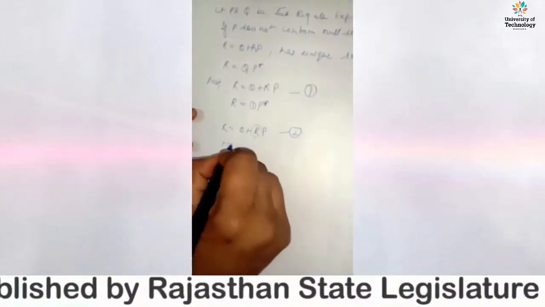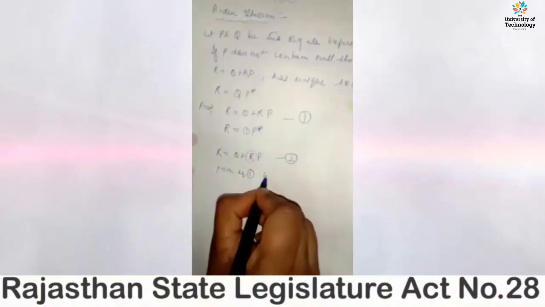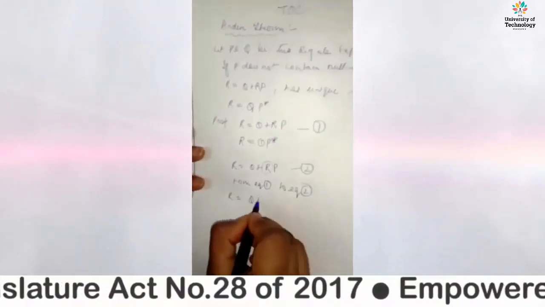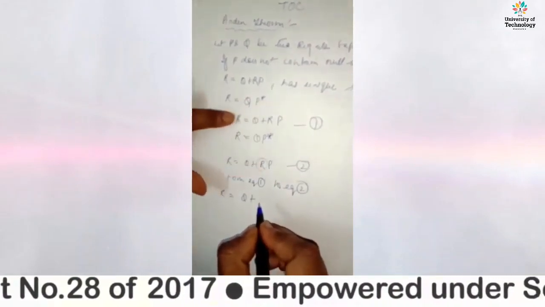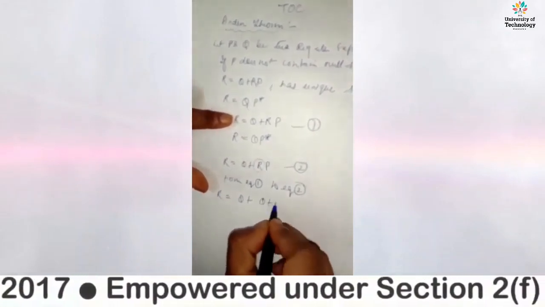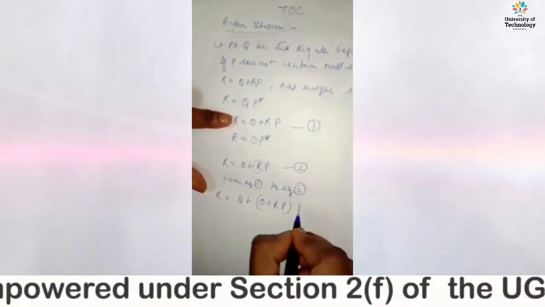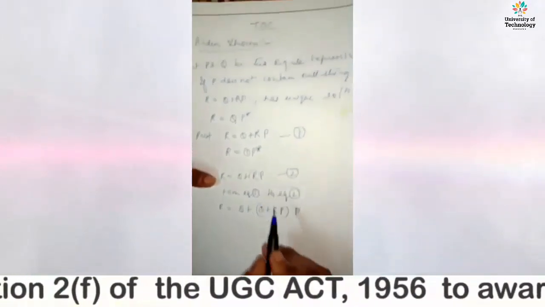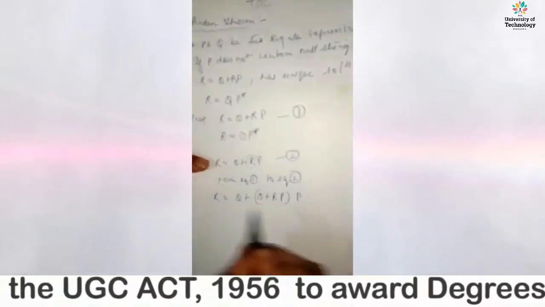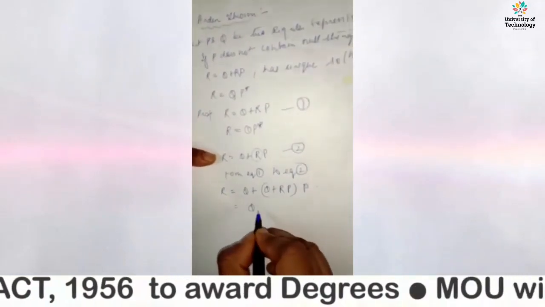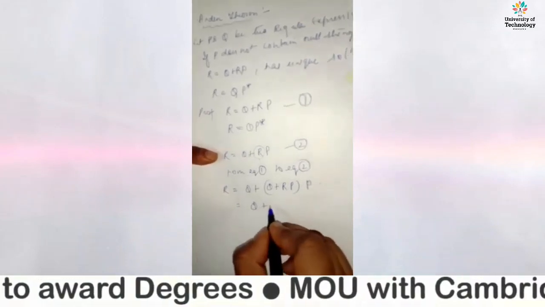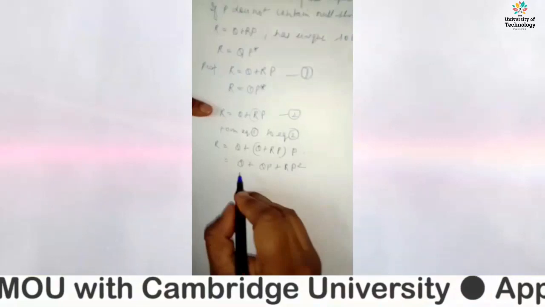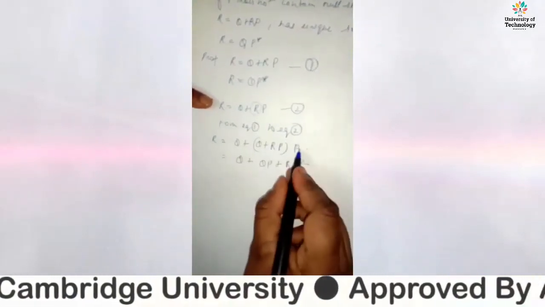So R is equal to Q plus, now how R can be written according to equation number 1, Q plus RP and then P. We are doing nothing, we are just substituting the value of R from the equation itself again and again. So how can you write it? Now R equals Q plus QP plus RP square. See, I have not done anything, I have just opened this P, right?